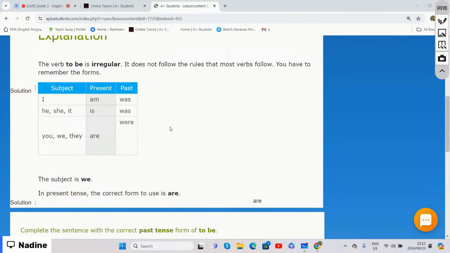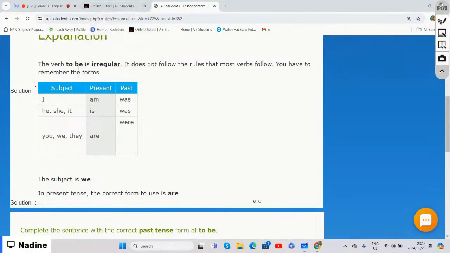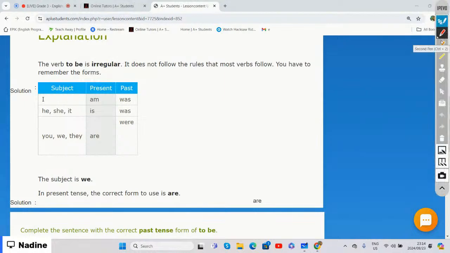And here we have an example, right? And then it says I. If I make mention of I, where I'm going to say I'm going to do something, and we're specifically talking about the present tense, right?